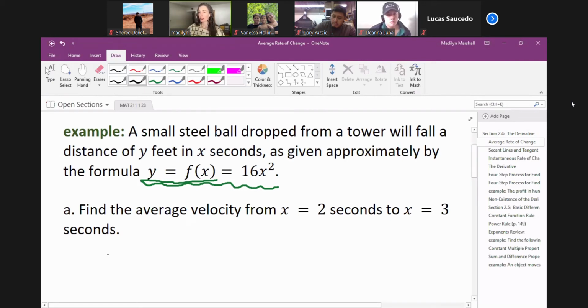So if we want to know the average speed or average velocity that this thing is falling, we have to remember this distance equals rate times time formula. To define the rate or the speed or velocity, we would divide distance over time.